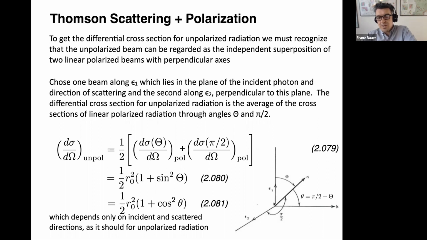So this is the situation. We have a unit vector E1, a unit vector E2, and the light is actually coming out in this direction. So we divide this into this component. This unit vector with respect to E1 is given by this theta, and then this unit vector with respect to E2 is given by pi divided by 2.